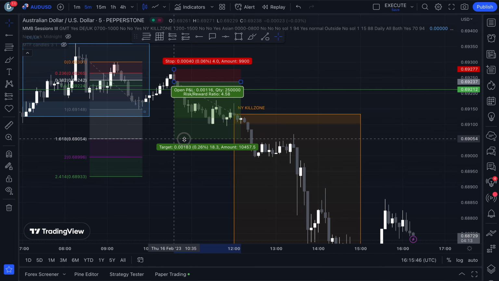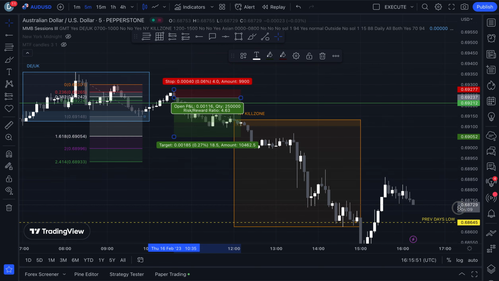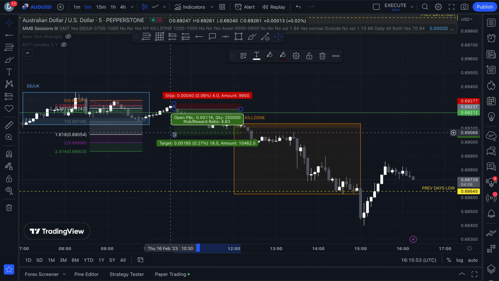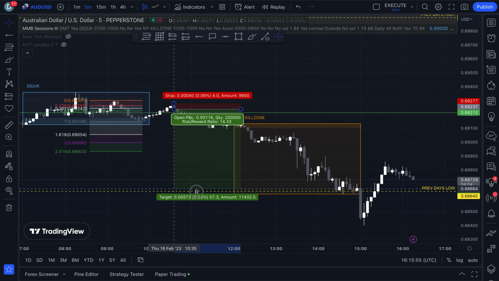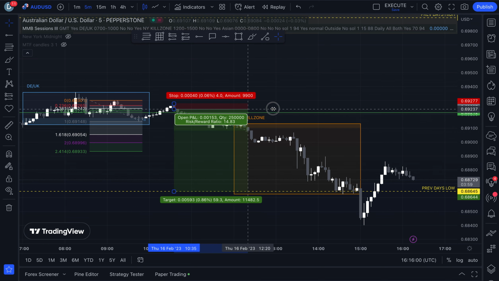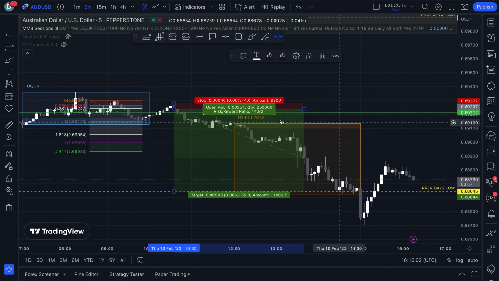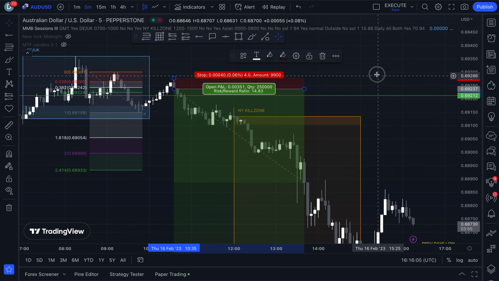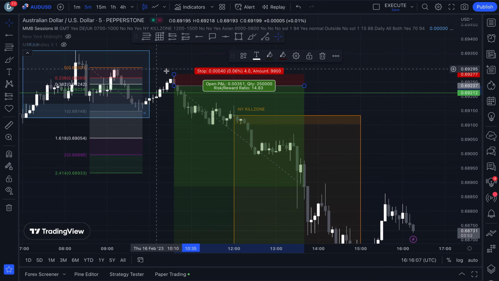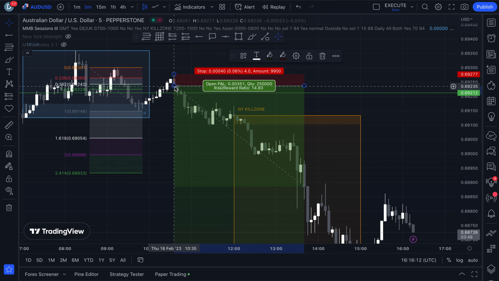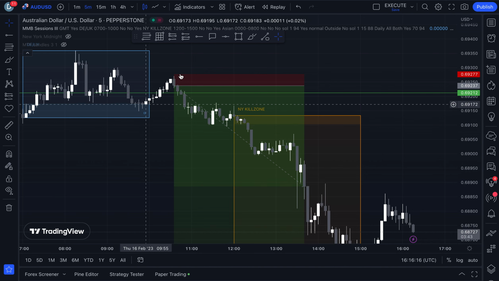That's 1 to 4.5, and then if you wanted to hold all the way to the previous day's low as the extended target, that's 1 to 14. So pretty solid trade on this as well. So those were the two best moves from before. This is actually outside my kill zone, so it would be more of a risk entry for me. If I were to take it, I'd probably put half what I normally risk.